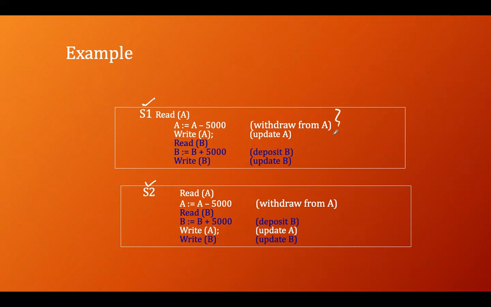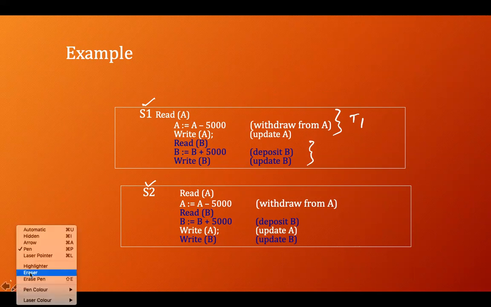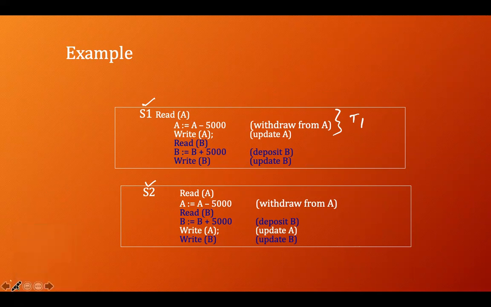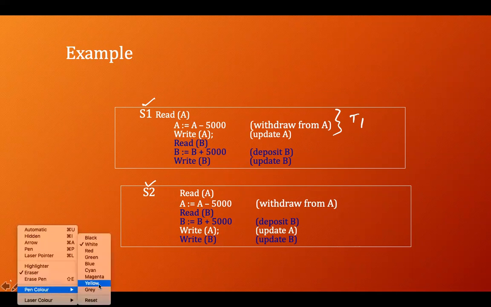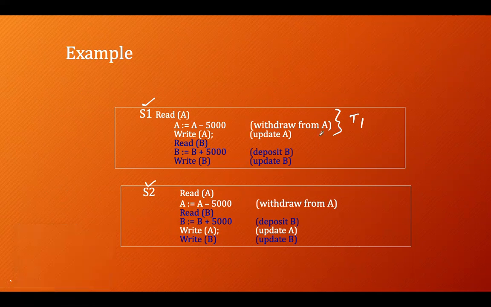Assume that this is T1 and this, which I'm writing in a different color, is T2. Now what type of scheduling is it? T1 is executing all its operations, then T2 is executing all its operations. That is called a serial schedule.